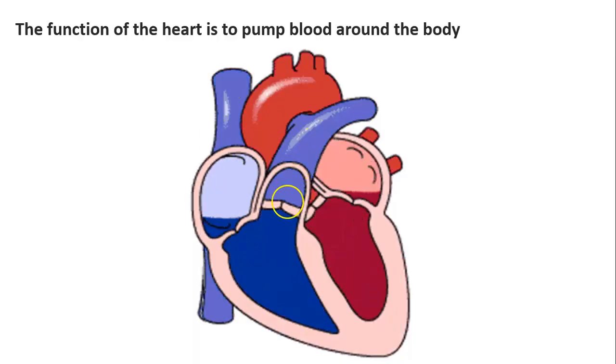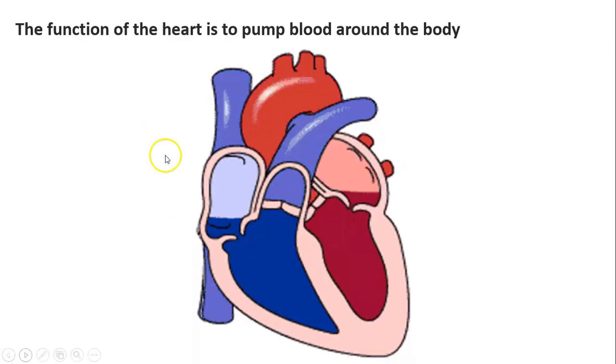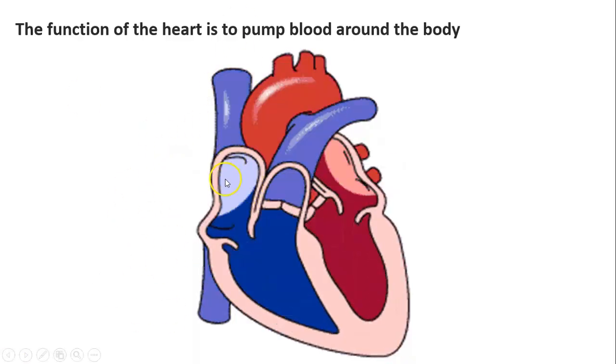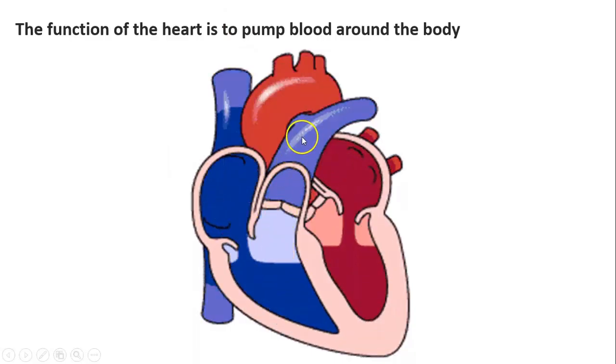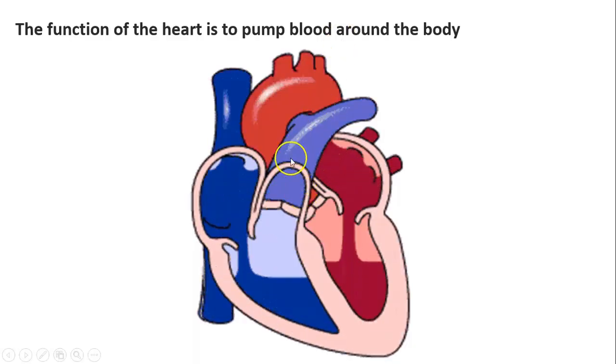This is the right atrium here. And then it will flow into the right ventricle. The blood will leave, and since it's going to leave, it will leave through an artery. And this artery is going to the lungs, so we call it the pulmonary artery.